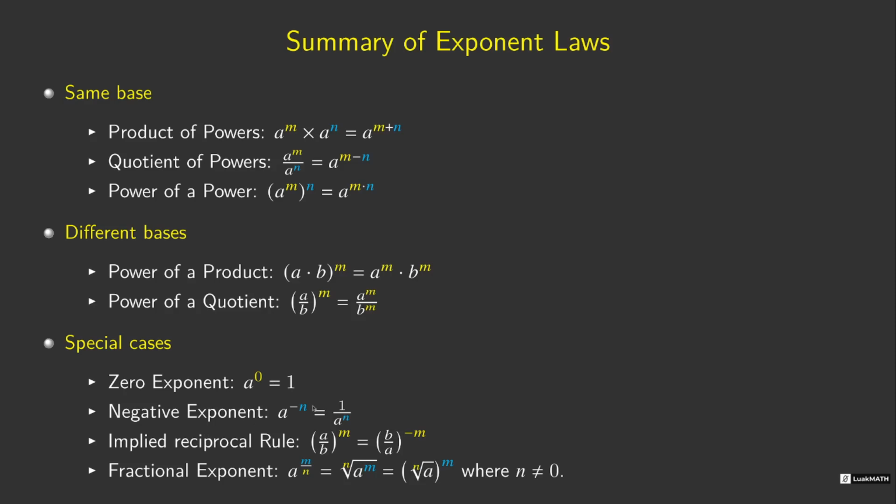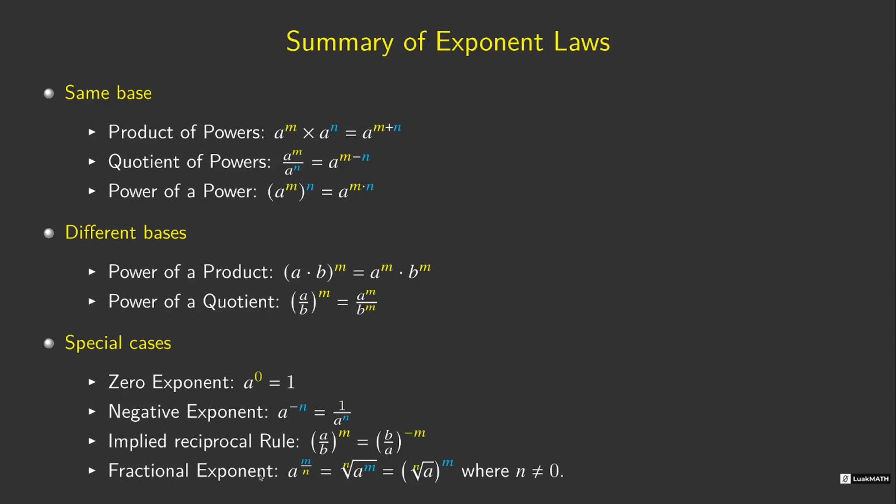Negative exponent, you take it downstairs, you lose the minus sign. Implied reciprocal rule, you can flip a fraction, a over b raised to m, as b over a, as long as you multiply the exponent by minus 1.